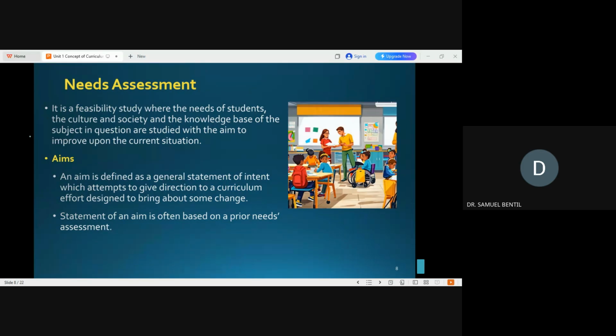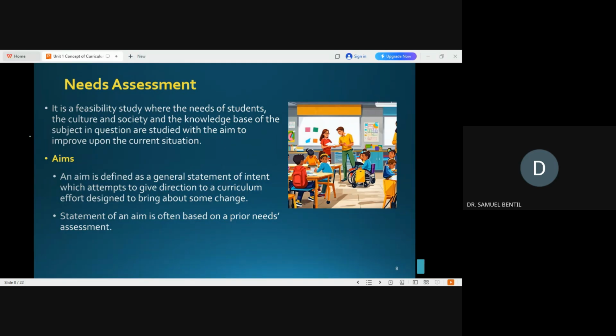Now, when we talk of aims, curriculum aims are broad or general statements of intent, which give general direction about a particular program of study.